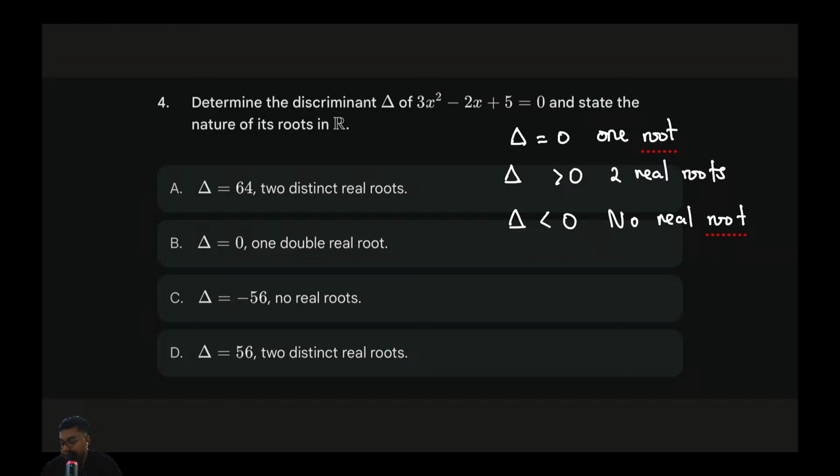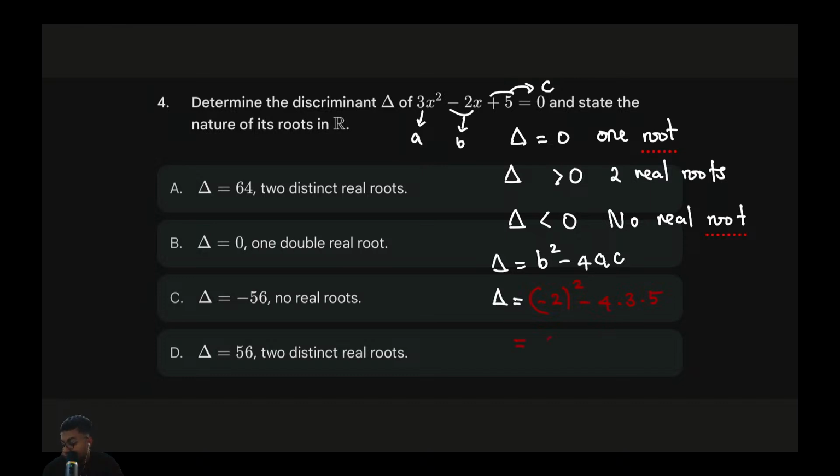So what is the discriminant? The discriminant is equal to b squared minus 4ac. And what is a here? a is 3, b equal to -2, and c equal to 5. So delta equals what? Delta equals -2 squared minus 4 times 3 times 5.